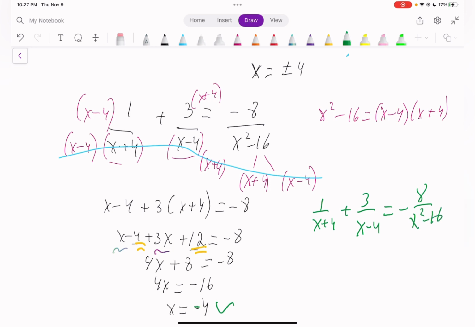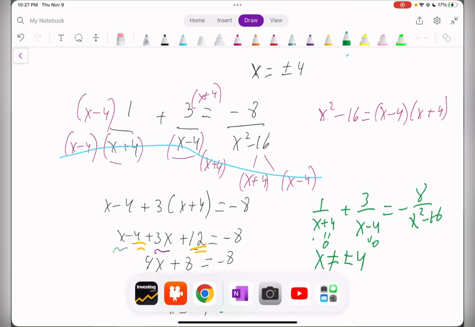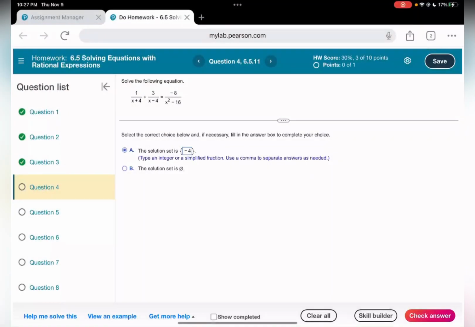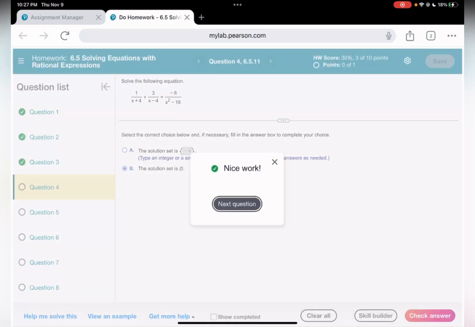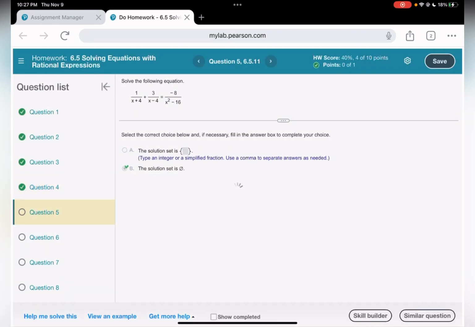If you plug in x equals negative 4, the denominator will become equal 0, right? So x cannot be negative 4. That's why, okay, got it. So we choose this answer: no solution. There we go.